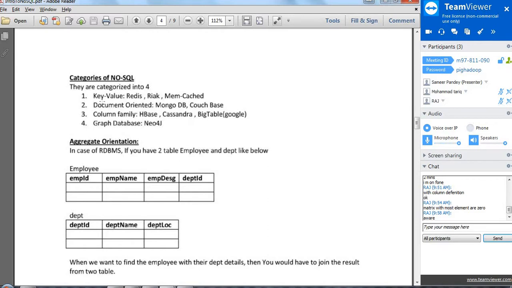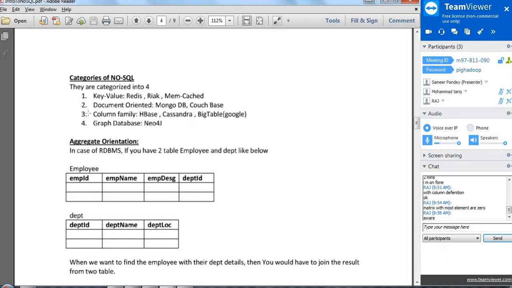Document oriented means you are going to store everything in documents, like in JSON format or XML format, and a key will be associated with each document. So it's document oriented, like we have MongoDB and Couchbase. Column family, it's not column, it's talking about column family.